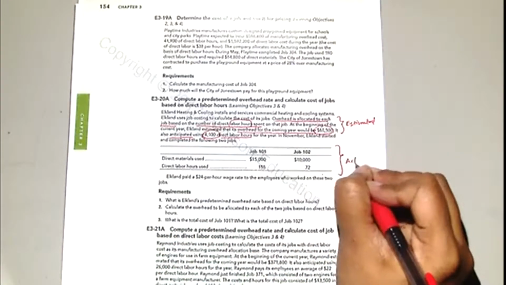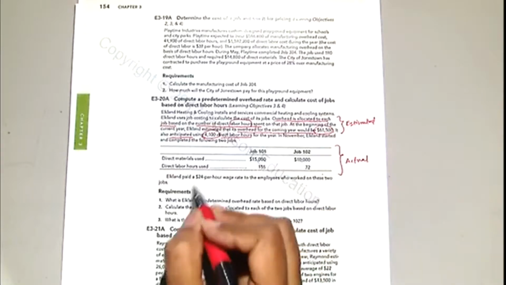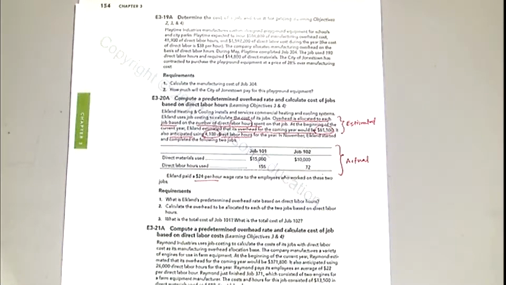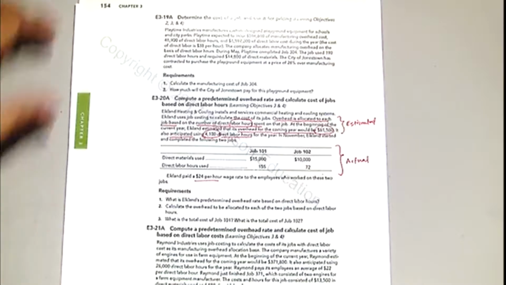These are all actual. And you have another little piece of information: what is their wage rate? Who can tell me? So they pay their labor how many dollars per hour? $24. This is information we need when we calculate your direct labor cost. So the first thing is very simple. I hope everyone tried.